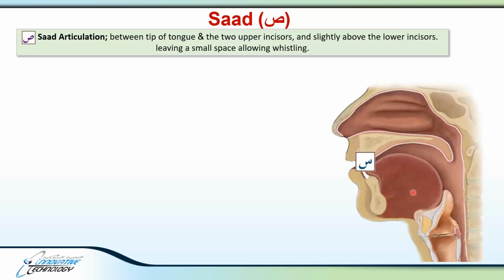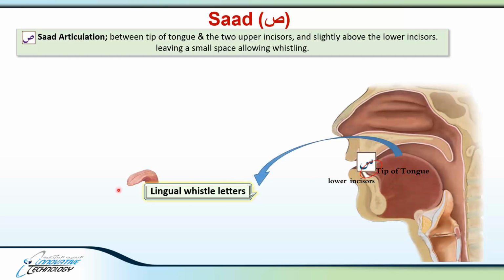Let's start with the sin, because everybody knows how to pronounce the S. The S is pronounced by articulating the lower incisors with the tip of the tongue. Is is a lingual whistling sound, as we said.